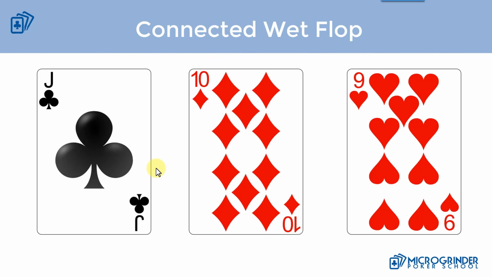On the flip side, there is the connected wet flop. Now this one is a rainbow flop, and a rainbow flop is a flop with three different suits. So we have the jack of clubs, the 10 of diamonds, and the 9 of hearts. So there's no flush possibility unless it's a backdoor flush. But if you think about all those Broadway combos of hands, a lot of them are going to be within our range and also our opponent's range.